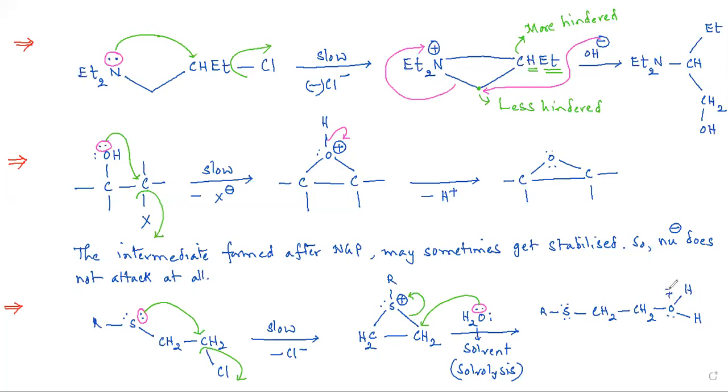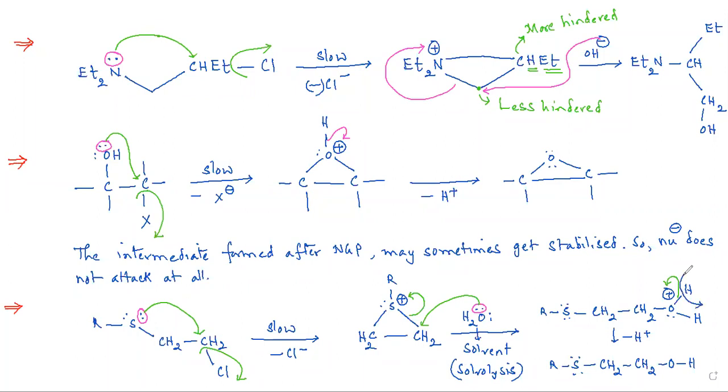Look at this. Now, of course, a proton is lost as usual. Take it this way. We get R, S, then CH2, then this CH2, then this OH, minus H plus. A proton is lost.